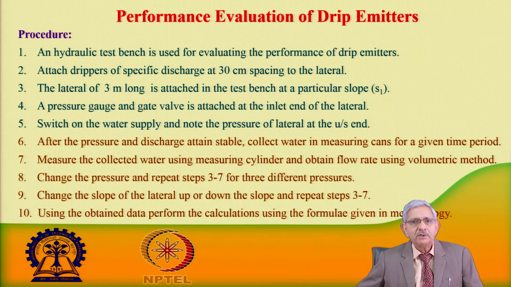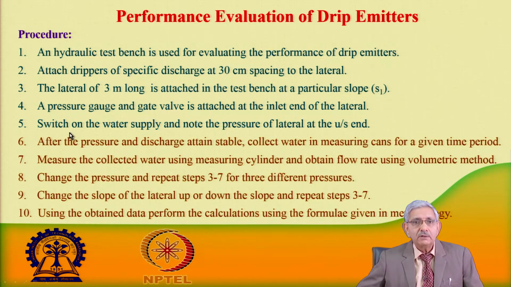Here the provision is there that we can change the slope, this is 3 meter long, so there is a 30 centimeter drop. So, 10% slope means we can vary the slope 2.5% or 2%, 4%, like this 6%, 8% and 10%, and then see how much discharge variation takes place through the drip emitters for the different pressures.